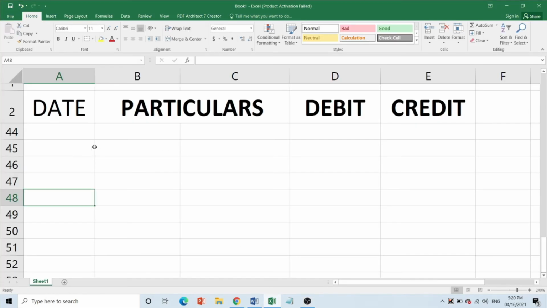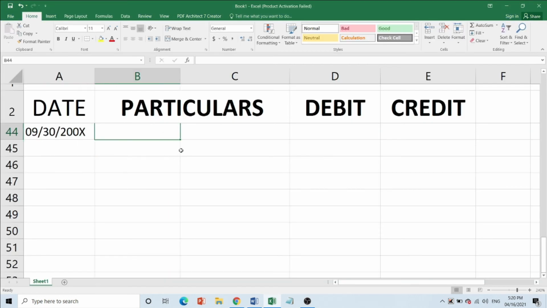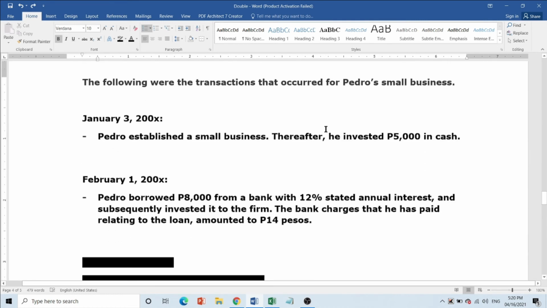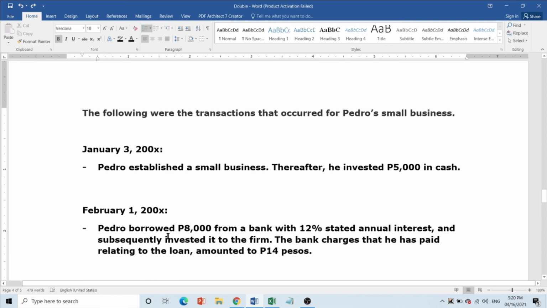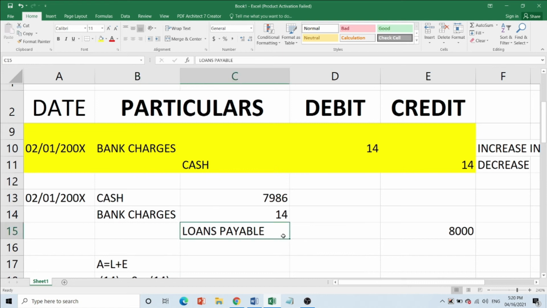Okay, so on September 30, 2000X, nagbayad daw si Pedro ng principal amount ng loan niya with the principal amount of 500 pesos. Okay, so how did we treat the transaction last February 1? Tingnan natin. Last February 1, we account that through recognizing loans payable.